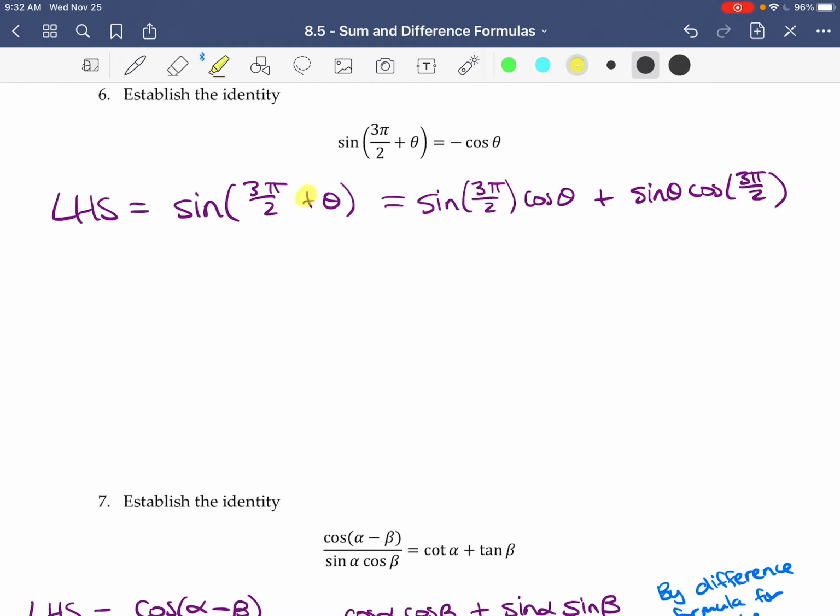Remember for the sine one, these are the same. Now I know some of these. So we know sine of 3 pi by 2. Let me just draw a picture. 3 pi by 2 is one of the nice ones that we're supposed to know.